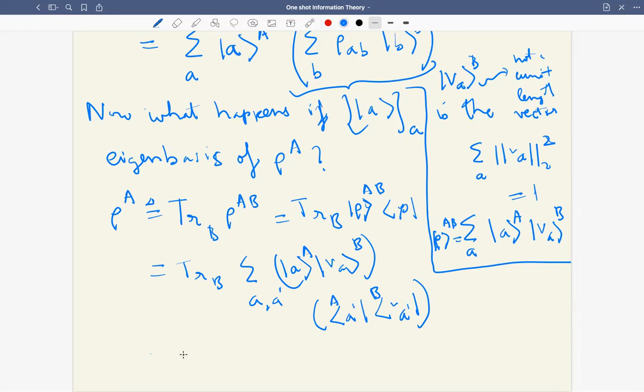And this is further equal to, so I know we've seen this property of tensor products, so we can rearrange things.